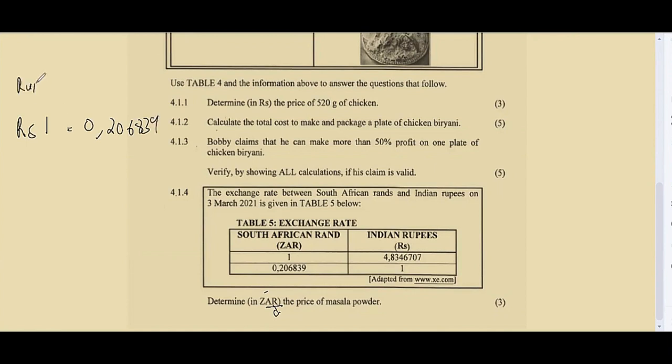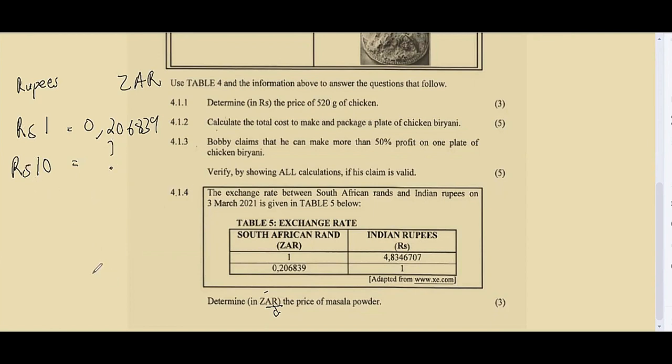So this is in Indian rupees, and then this is in South African rands, right? So if 1 rupee is equivalent to that in South African rands, then let's find out what 10 rupees is equivalent to.